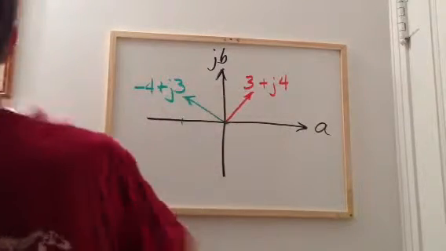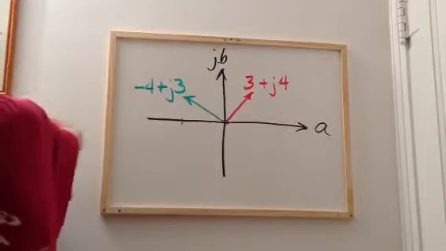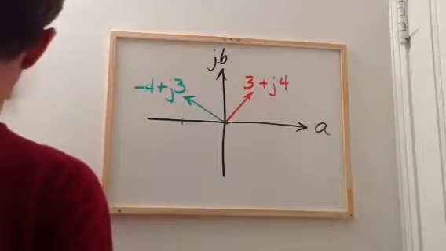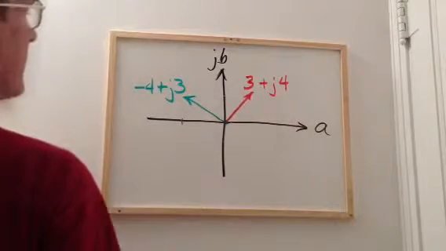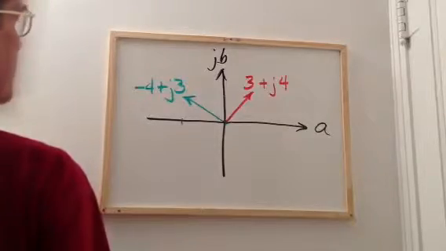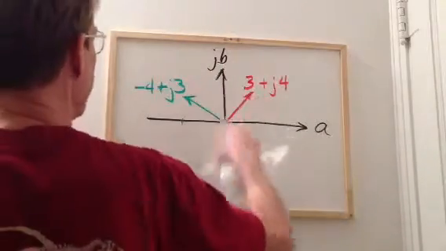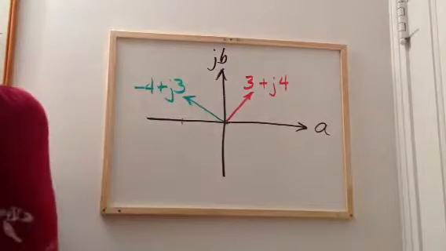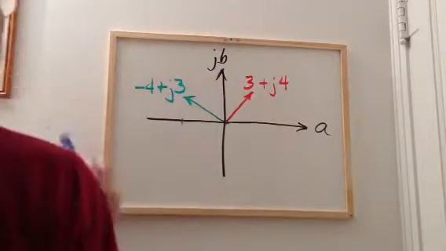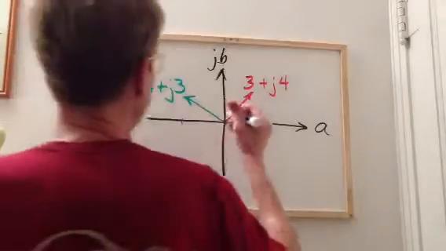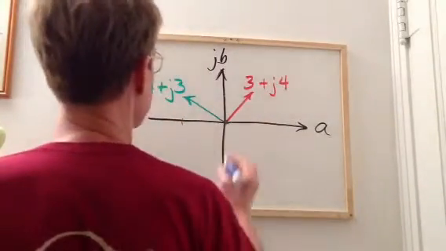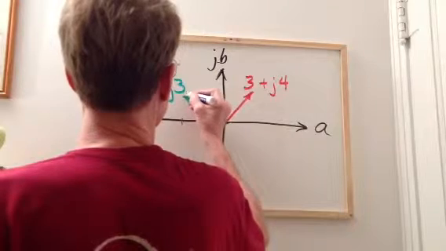Now, you may remember from your vector addition classes, if you've had any, that you can add them geometrically by forming a parallelogram. If you don't remember that, I'm going to show you how to do that now. Consider these two vectors as two adjacent sides of a parallelogram.